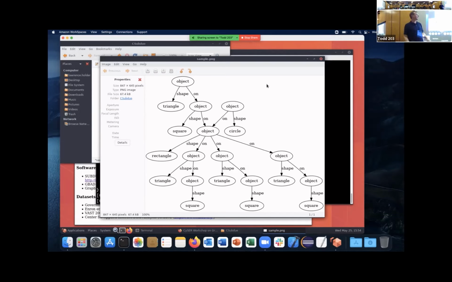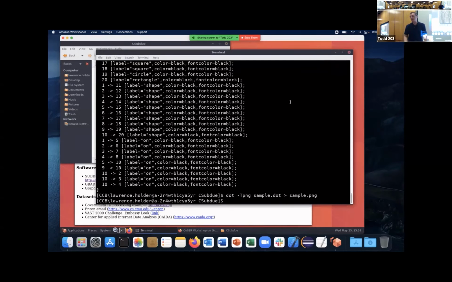And then the other thing you might want to do is to visualize the output. I mean, the output's pretty obvious. It's triangle on square, but you can also visualize that. But to do that, exit out of here, you have to run Subdue and tell it to output the pattern that it learned to a file. So here's the command we use to run Subdue, and I'm just going to add out.